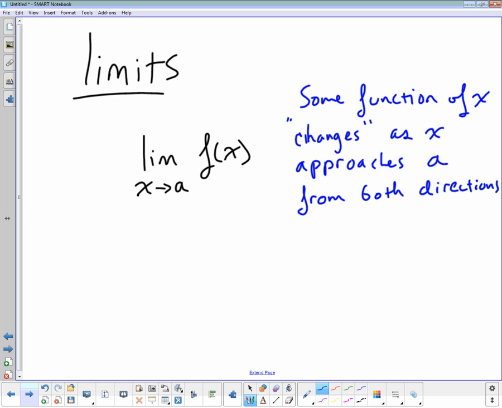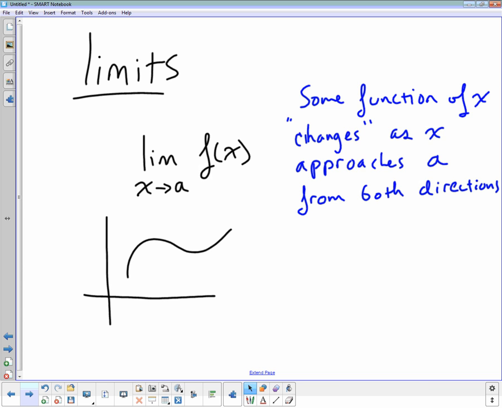That's the idea. So we have some constant a, the location of an independent variable that we're walking towards. What's going on is that you're moving along the surface from both directions towards that value.